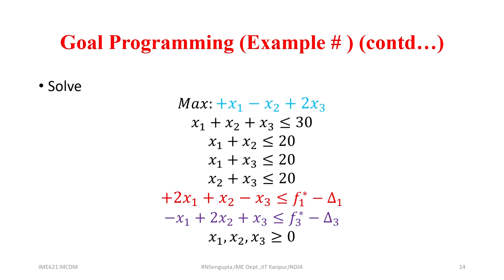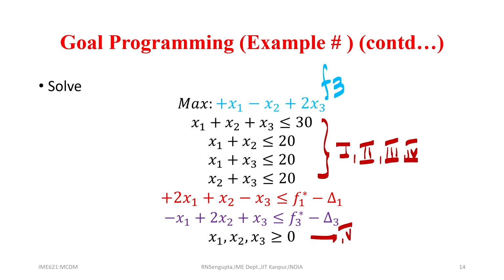Now, we come to maximizing the third objective, which is F3, subject to the same set of initial conditions, which are marked here as 1, 2, 3, 4 and 5, and the first objective in the constraint, which I put a red tick mark, and the second objective in the constraint, which I put a bullet tick mark, again violet tick mark, again they are of the less than type.